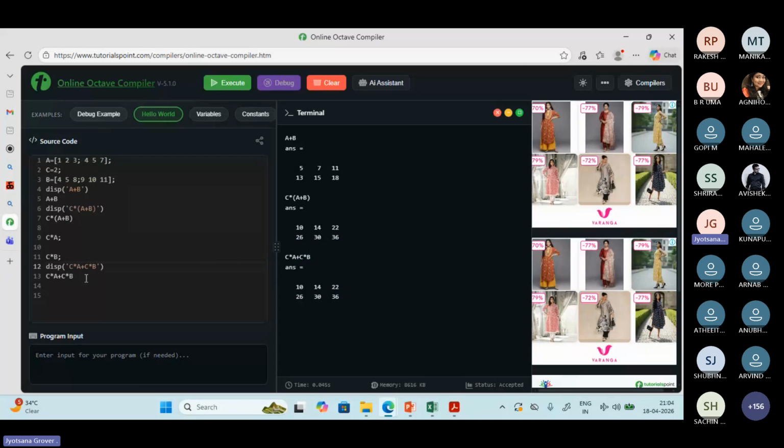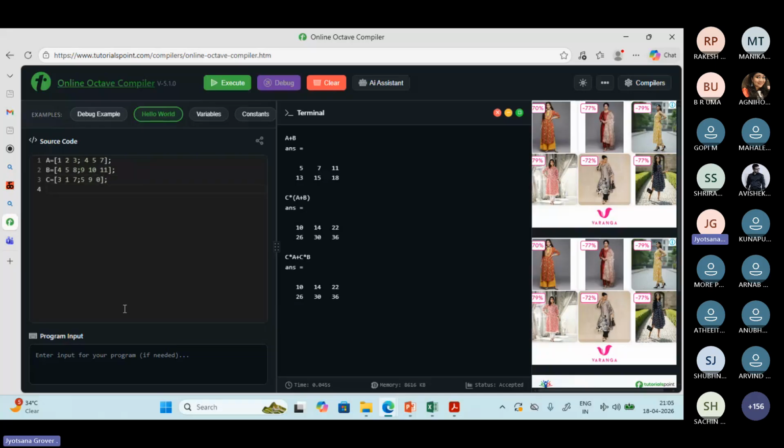So I'll just clear it. Okay, A is this, B is this. Now I'll have some matrix C. Let's see what it is. You give me the values. Okay.